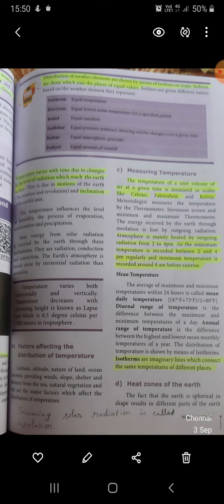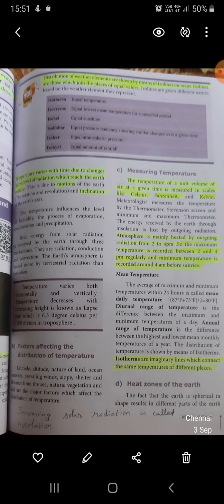The energy received by the earth through insolation is lost by outgoing radiation. The atmosphere is mainly heated by outgoing radiation from 2 to 4 pm. So the maximum temperature is recorded between 2 and 4 pm regularly, and the minimum temperature is recorded around 4 am before sunrise.